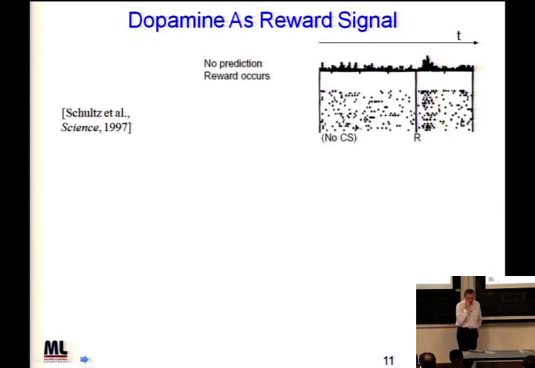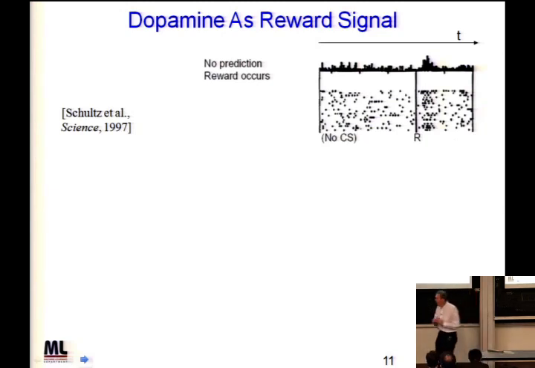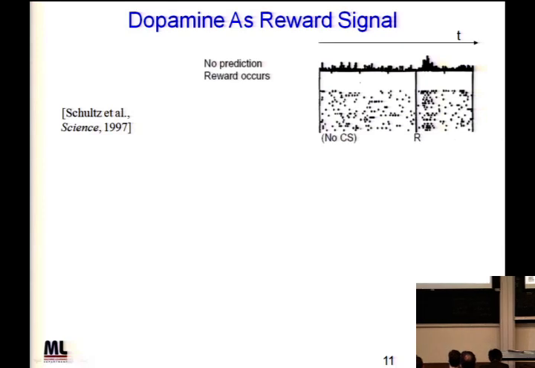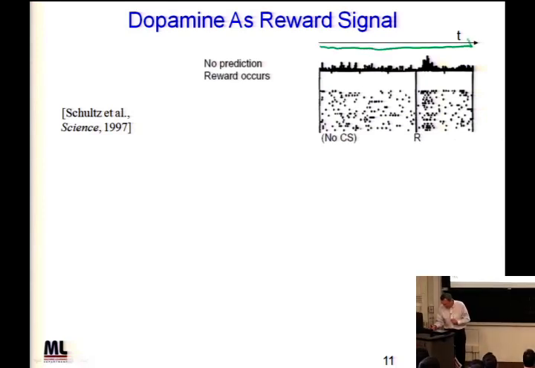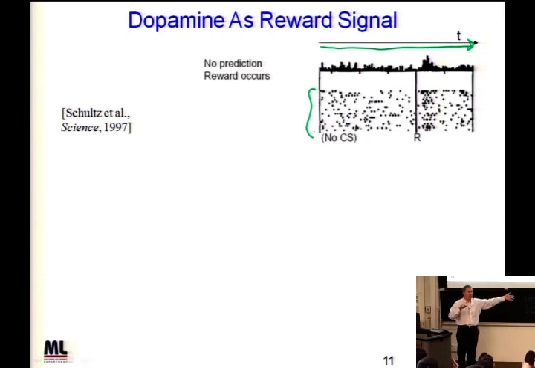And here's the experiment. They had a probe in the monkey's brain, so they're recording spiking from this neuron in the monkey. And what they did was they would record over time spiking in the monkey, and each row here is one time trajectory. And the dots are the spikes of the neuron.